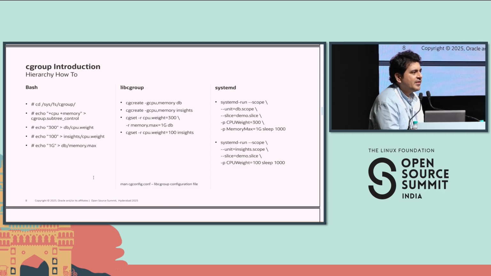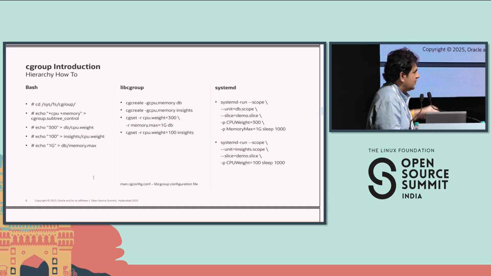For libcgroup, we have an interesting configuration file known as cgconfig.conf. It has tons of options available. Just use the man page and check it out. It's a beautiful one. And for systemd, you would need to create slice units and scope units. So this is how to achieve it.